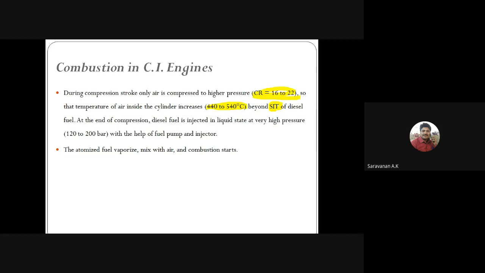Then the fuel is injected through the injector at high pressure, 100 to 200 bar. It is atomized, the fuel vapor mixes with the air, and the combustion starts. That is the introduction to combustion in the CI engine.